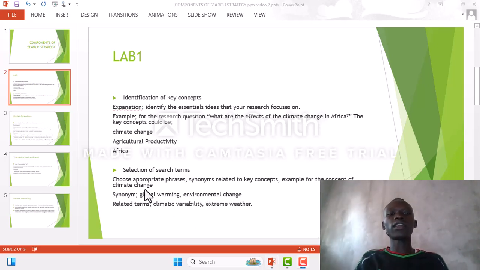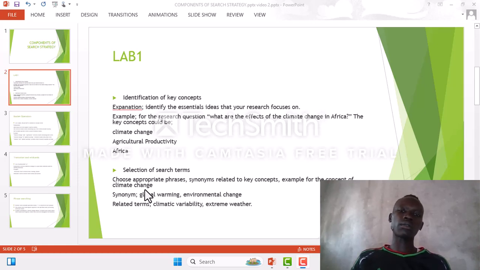Then, selection of search terms. We have to choose appropriate phrases and synonyms related to the key concepts. For example, for the concept of climate change, on the synonym side we have global warming, which is closely related to climate change. Then we also have environmental change. So they can also say what are the effects of global warming, or what are the effects of environmental change.